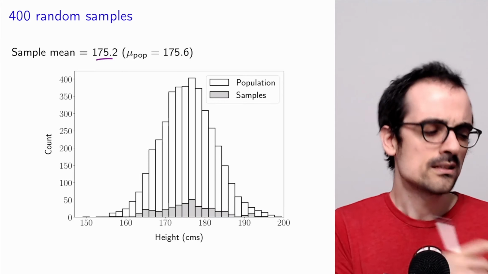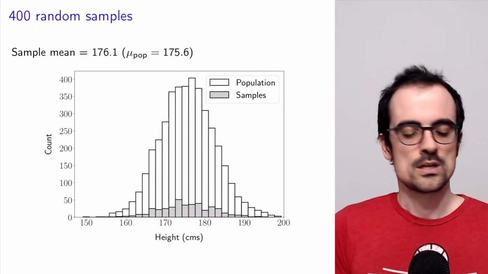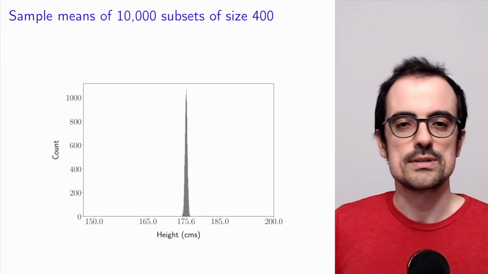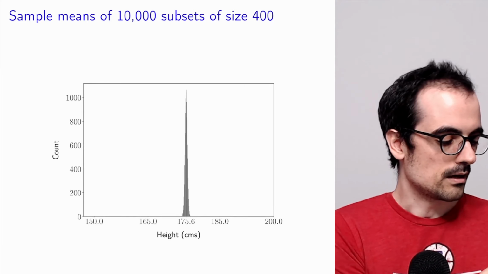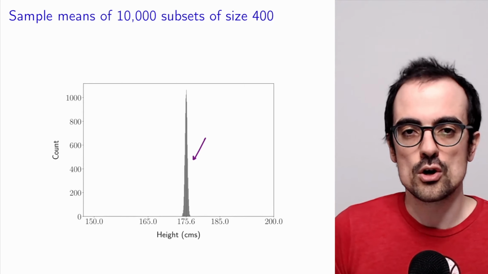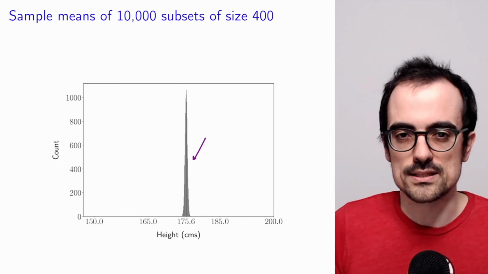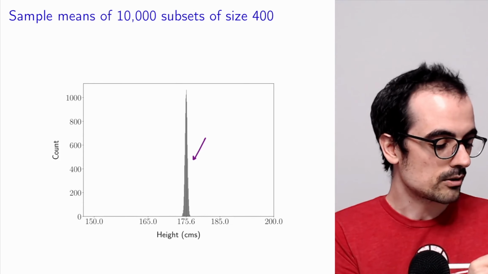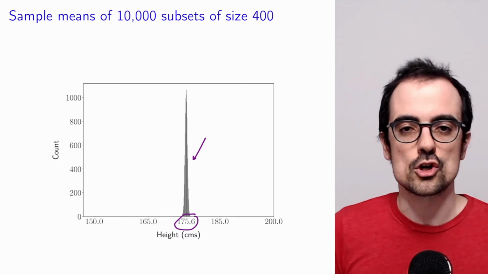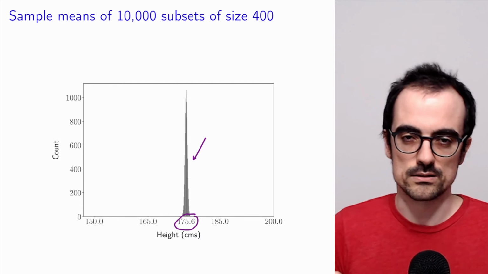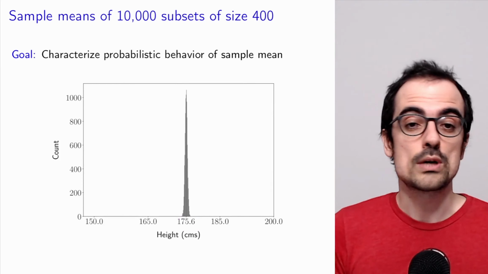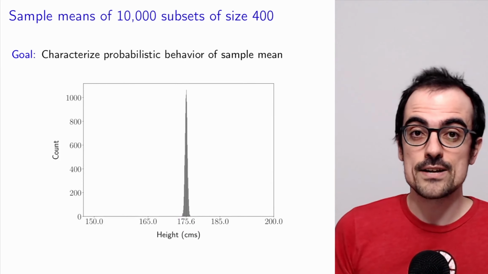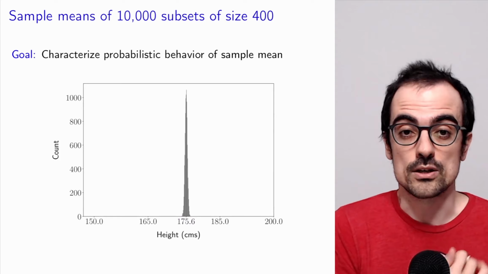If we repeat it again, we get a different estimate. Here, I'm showing you the result of repeating this procedure 10,000 times and plotting the histogram of these 10,000 sample means. We see that in general, all of these sample means concentrate close to the population mean, so that's good news, but there is some uncertainty. We're going to try to characterize the probabilistic behavior of this estimator of the population mean.